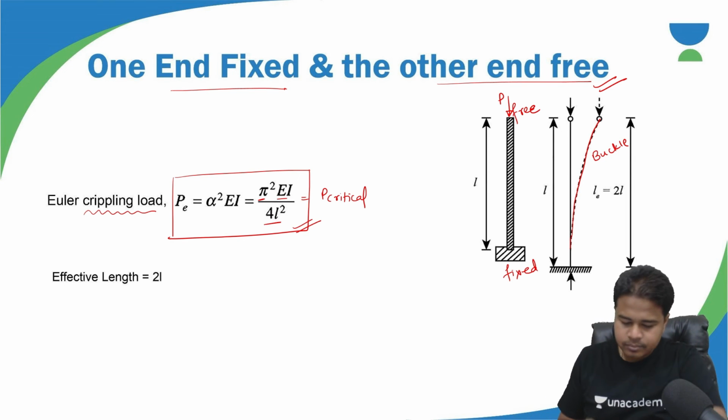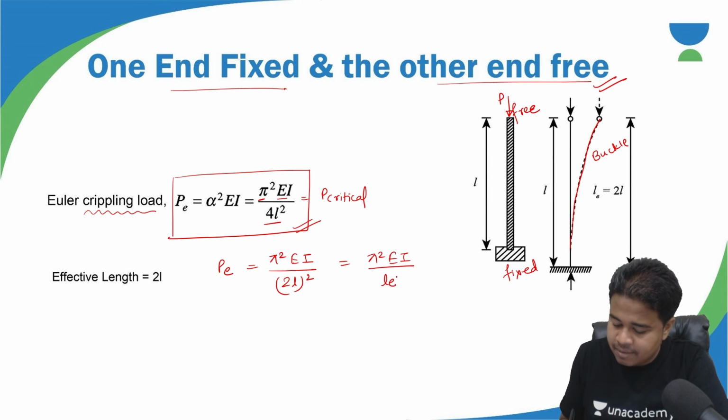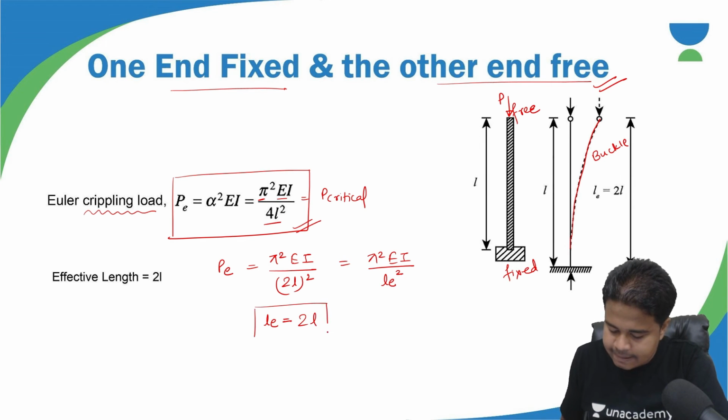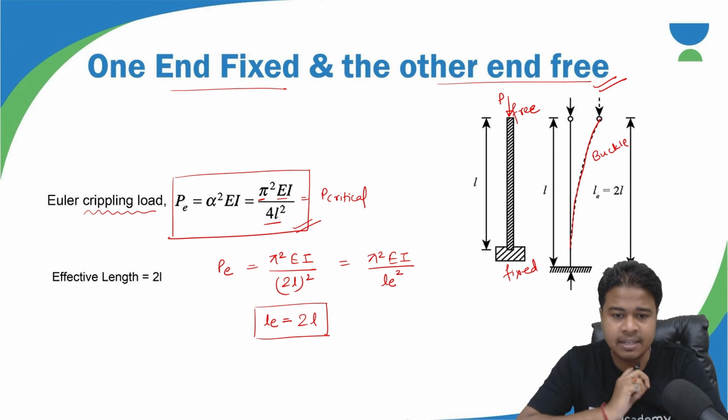Now, one thing you can see here, pi square EI divided by 2L whole square. This is P Euler. Okay, so I can write pi square EI divided by L effective square. So what is the value of L effective here? The effective length, which is nothing but 2L. Okay, 2L is the effective length.